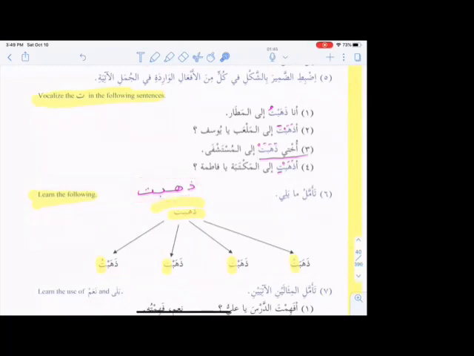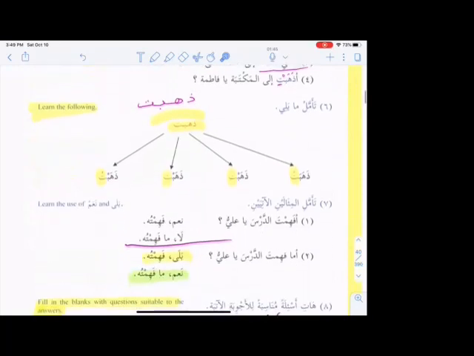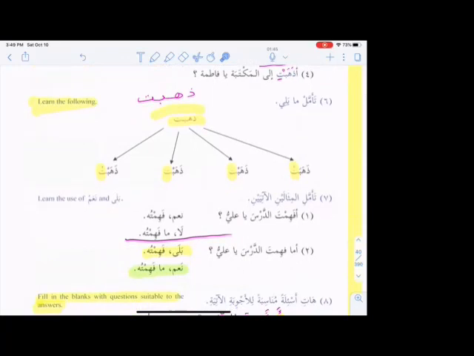Okay, so this is a nice way of understanding. And I tell you, my brothers and sisters, someday I hope and pray, you'll be able to read Arabic without vowel signs.